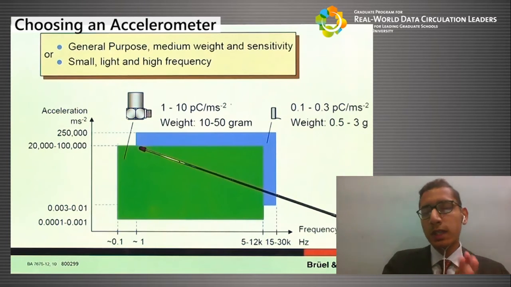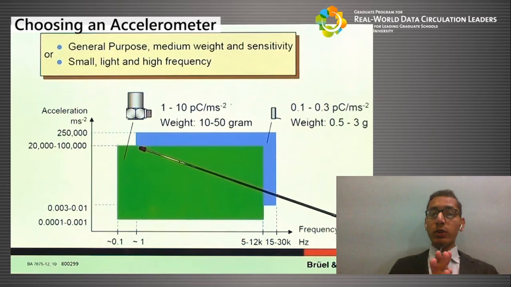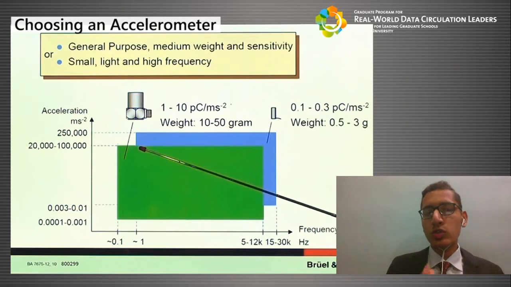How do we choose an accelerometer? General purpose, medium weight and sensitivity, or small, light, and high frequency? What are the parameters that we have to keep in mind to choose an accelerometer? Here we see that the weight ranges from 10 to 50 grams, while the sensitivity ranges from 1 to 10.